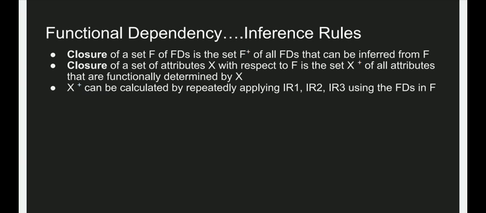We can also define closure for attributes, denoted by X plus, that are all functionally determined by X. This X plus can be calculated by repeatedly applying the above said inference rules.